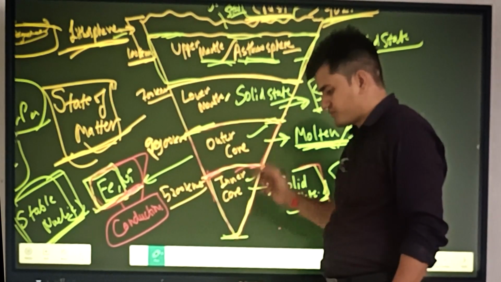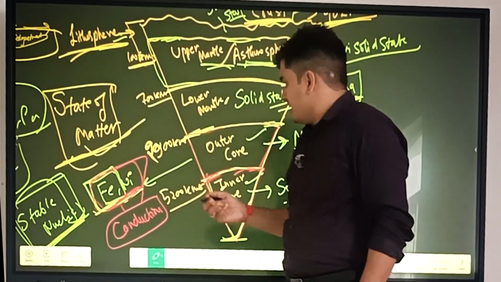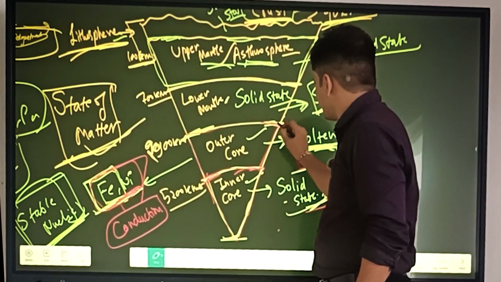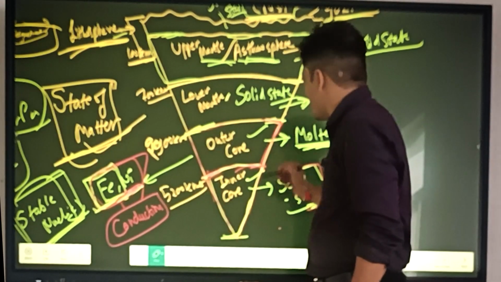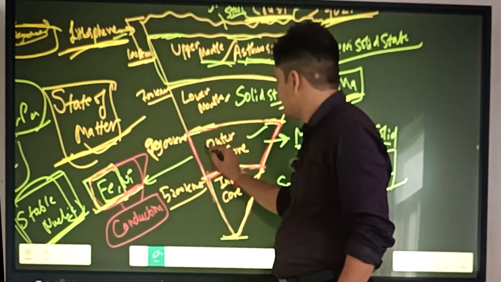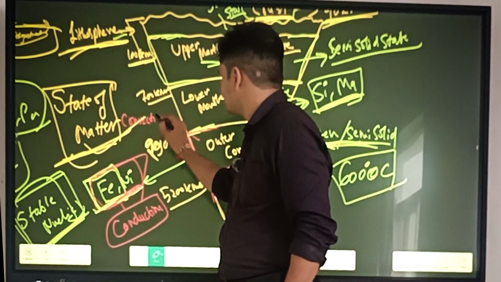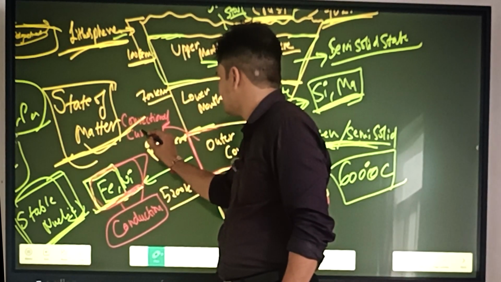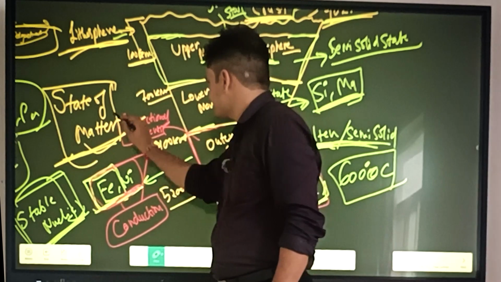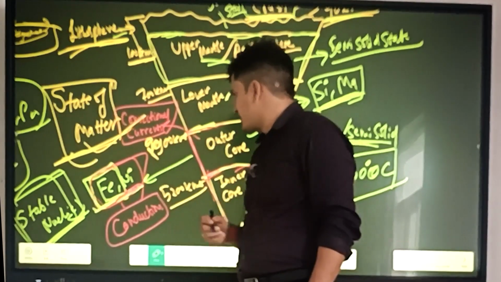and it is in which state? It is in the state of semi-solid. So semi-solid state material has the mode of energy transfer in the form of convectional currents. So what are convectional currents?